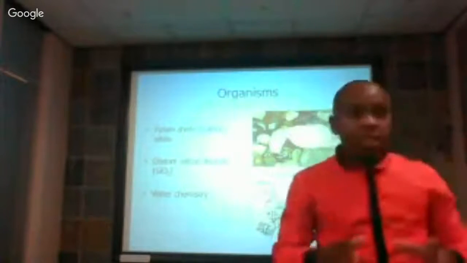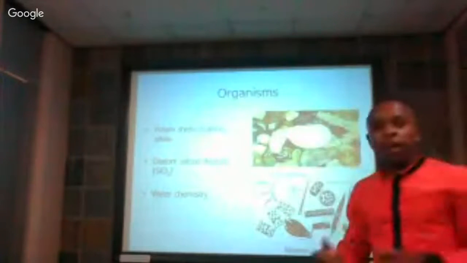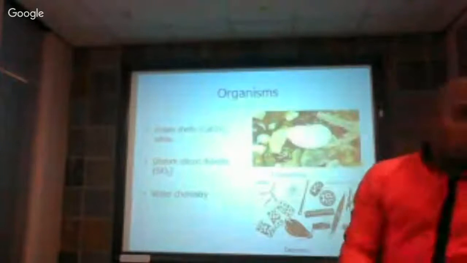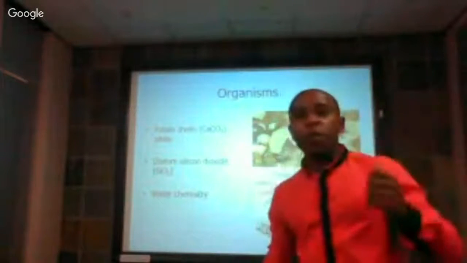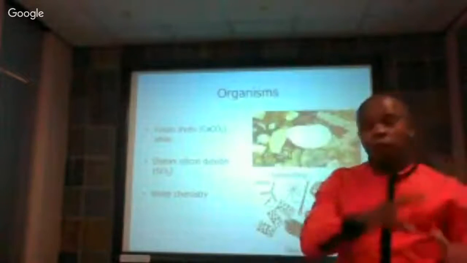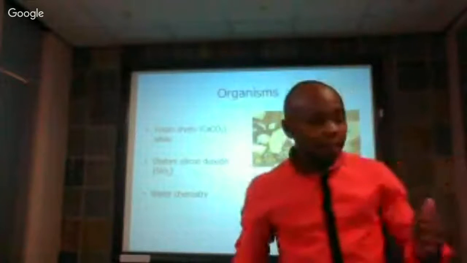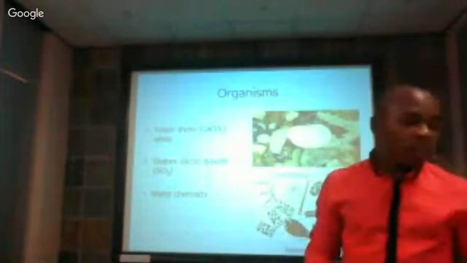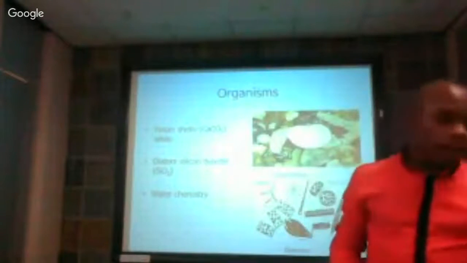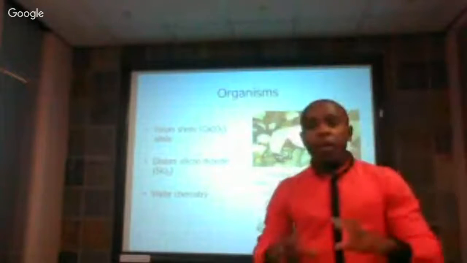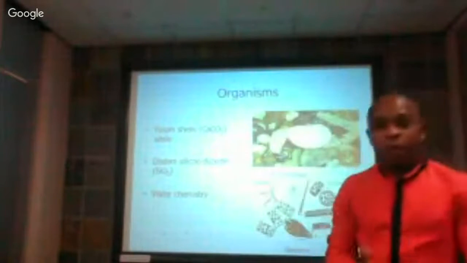These 2 organisms are shelled organisms, in which the foraminifera shell is made up of calcium carbonate, and the diatom shell is made up of silicon dioxide. Now, these 2 organisms live in the benthic zone.